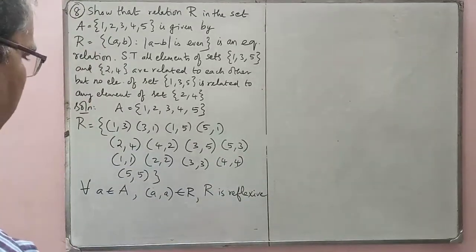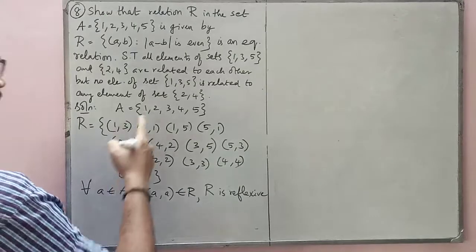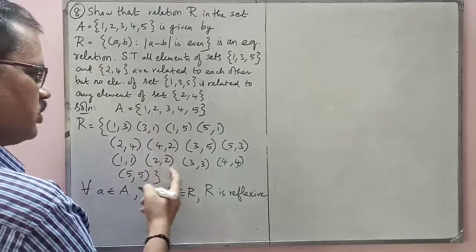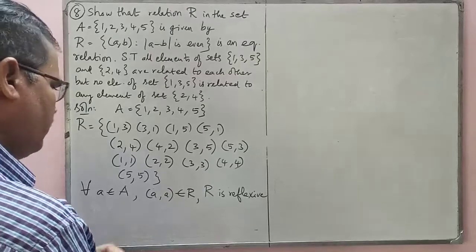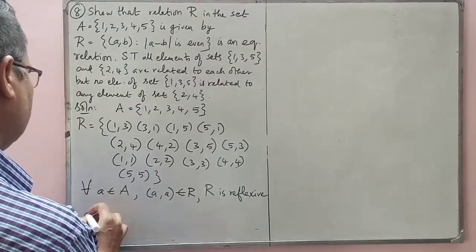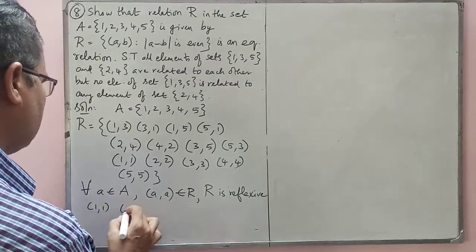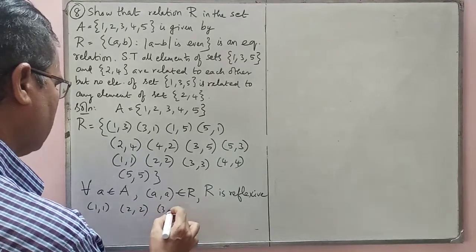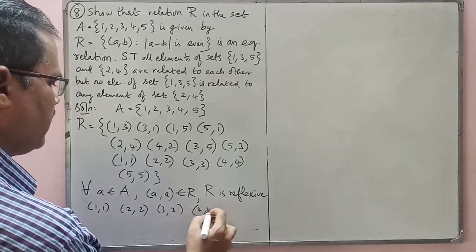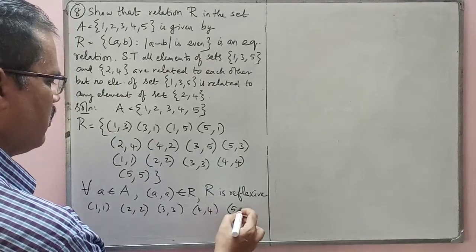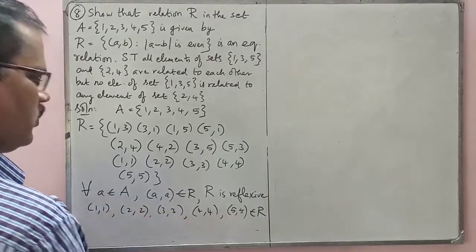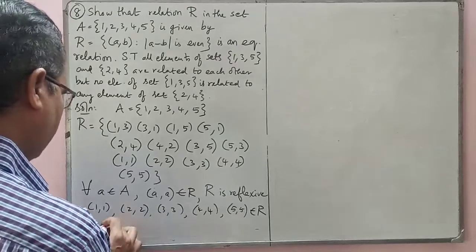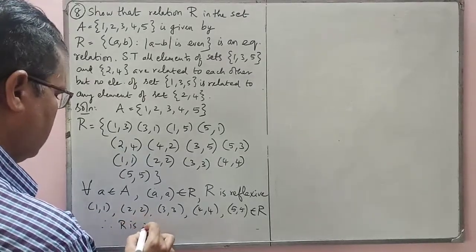Okay, children. Now, for every element, you take 1, (1, 1) is there. Take 2, (2, 2), 3, everything is there. So we can write (1, 1), (2, 2), (3, 3), (4, 4), (5, 5) belong to R. Therefore, R is reflexive.